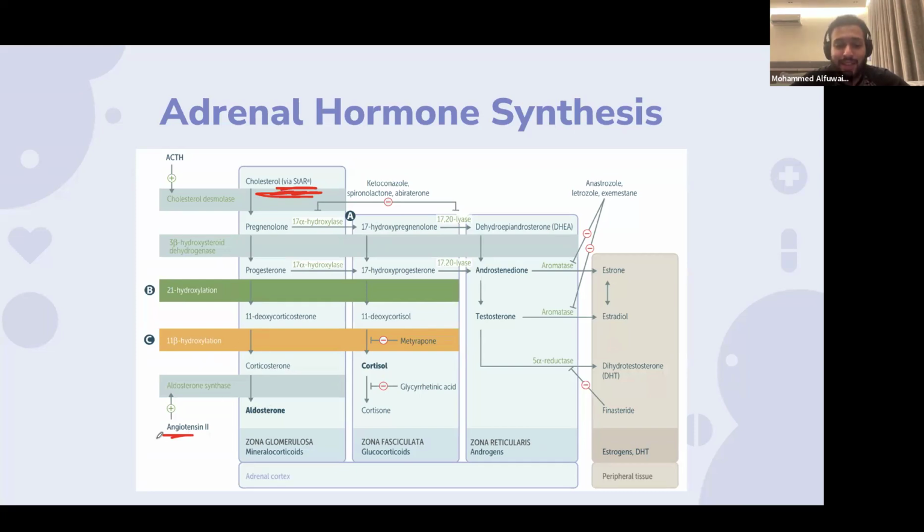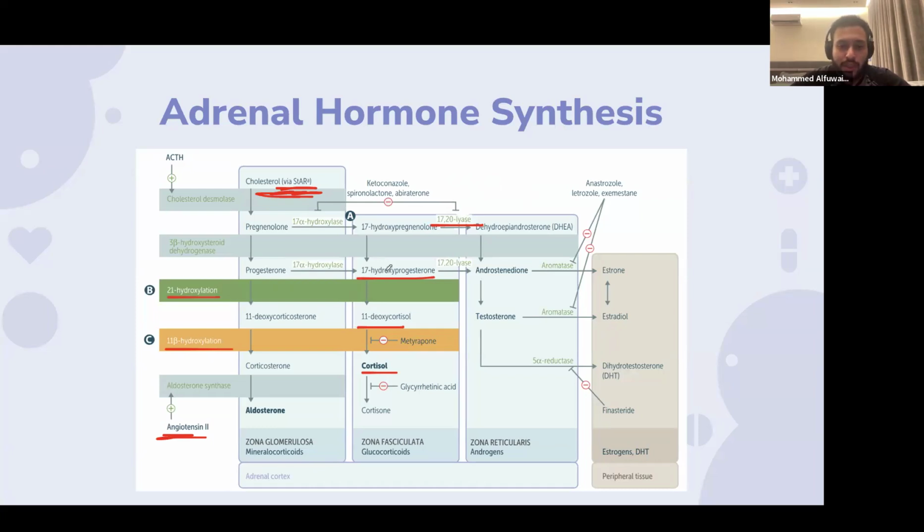Again, the biggest stimulus is angiotensin 2. If it goes through 17 alpha hydroxylation, it gets converted to cortisol and androgen pathways. For cortisol, the 17 hydroxyprogesterone gets converted to 11 deoxycortisol through 21 hydroxylation, and then to cortisol through 11 beta hydroxylation. To androgens is through the 17,20 lyase, and then it goes to androgens.